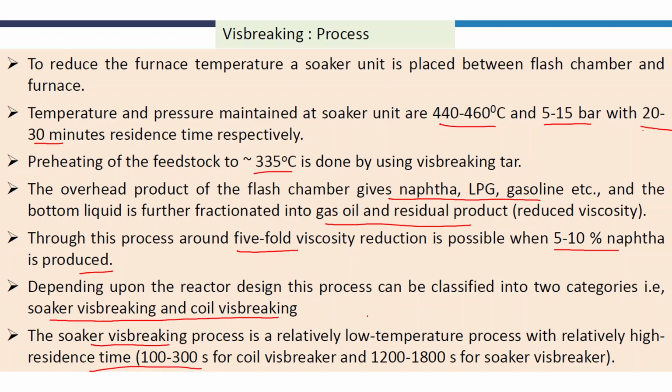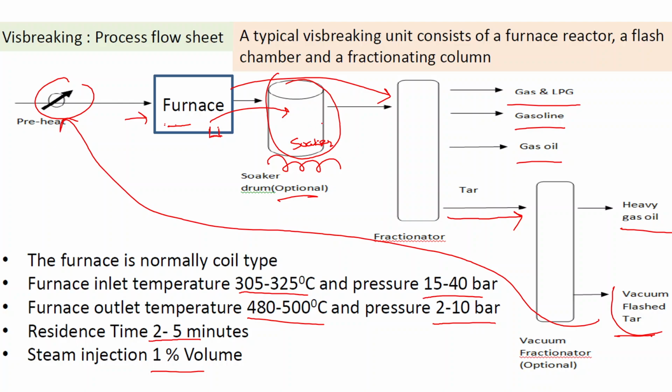As I told you, in soaker visbreaking in the soaker drum, low temperature is there for a higher residence time. For coil visbreaking there is less residence time, 100 to 300 seconds, and for soaker visbreaking more residence time, 1200 to 1800 seconds. So soaker visbreaking is 20 to 30 minutes, but if a coil is used instead, then the residence time is lesser.